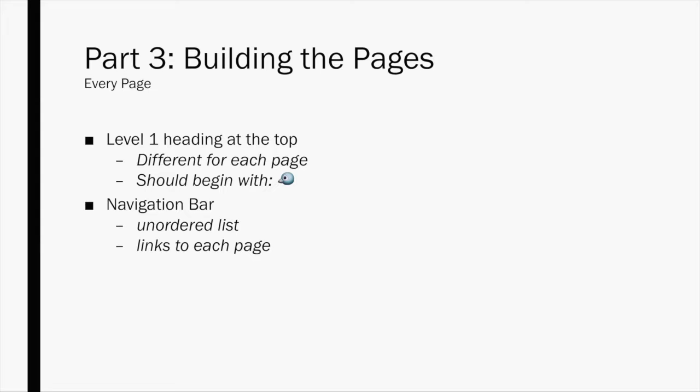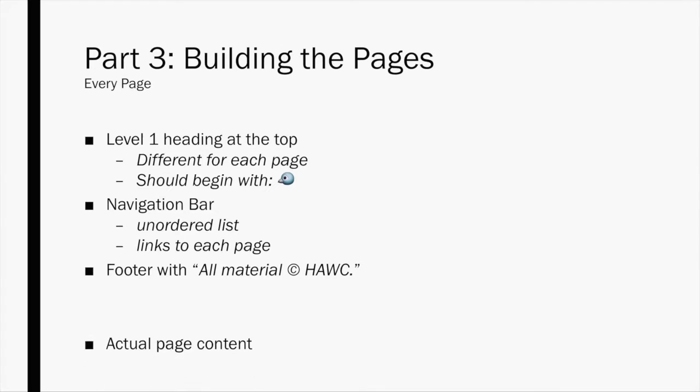You should have a navigation bar. This should be an unordered list, and each item should link to the necessary page, just like we've done in previous activities. You should have a footer with all material copyright HAWC. Make sure to use the appropriate HTML special character symbol for the copyright symbol.